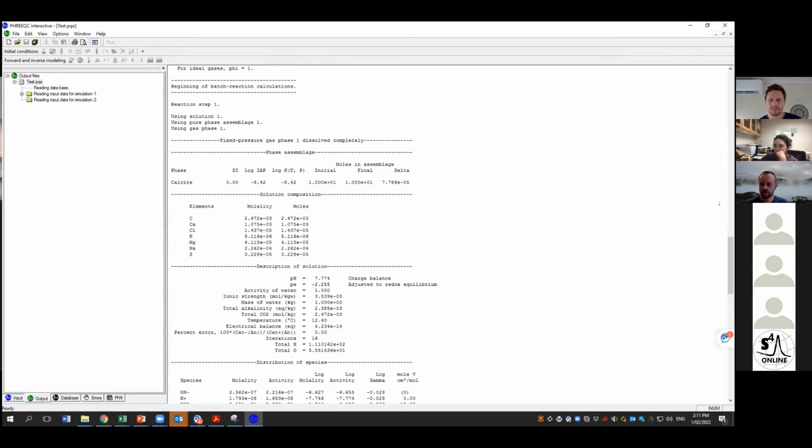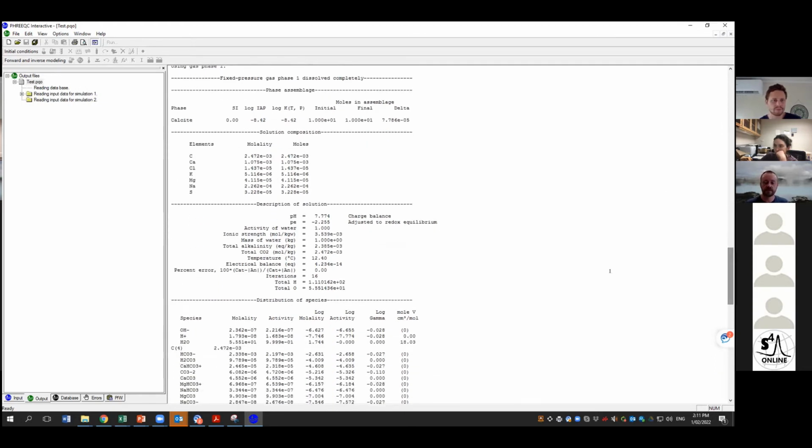It's saying, okay, what's present? We've got a phase assemblage. It's only one phase because we're keeping it simple, but you can start to incorporate multiple minerals, multiple phases, multiple gases. Things can get very complicated very quickly. So it's all possible, but it's best to start simple and build.